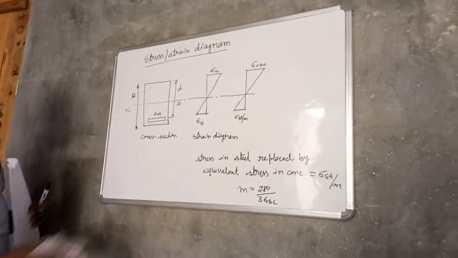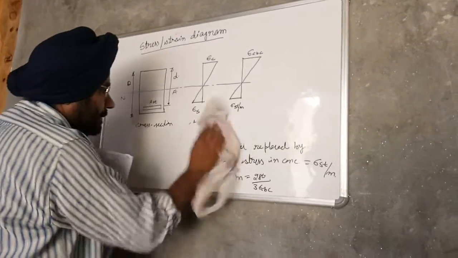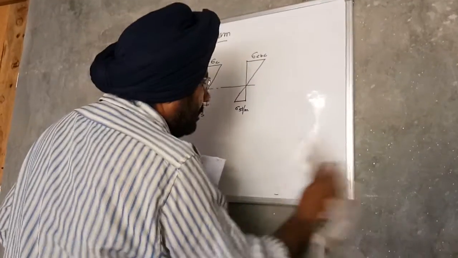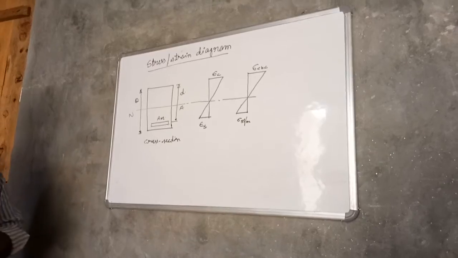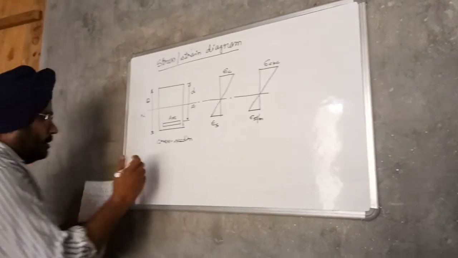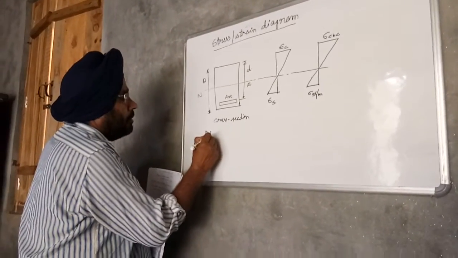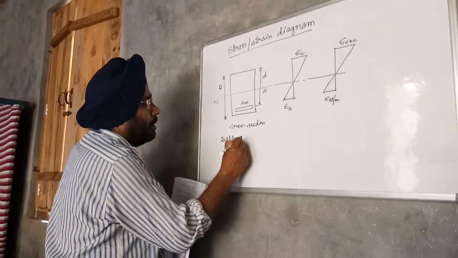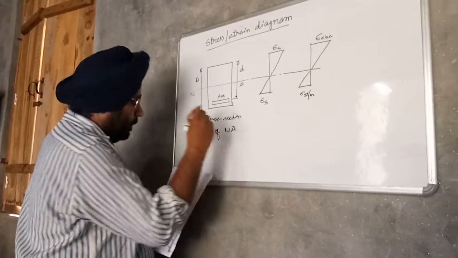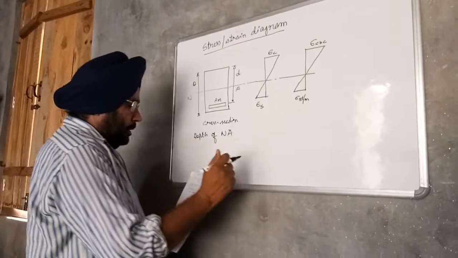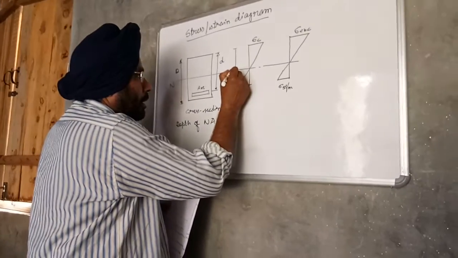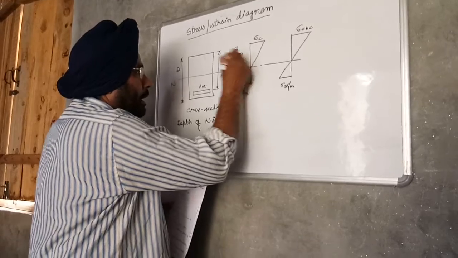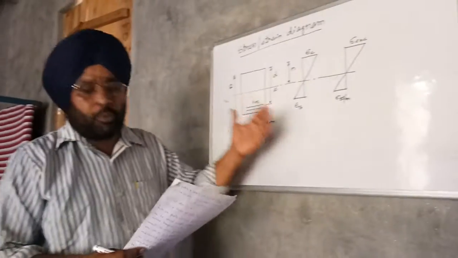Ast is the cross section area of the steel in tension. Then how to calculate the depth of the neutral axis? n is the depth of the neutral axis from top.